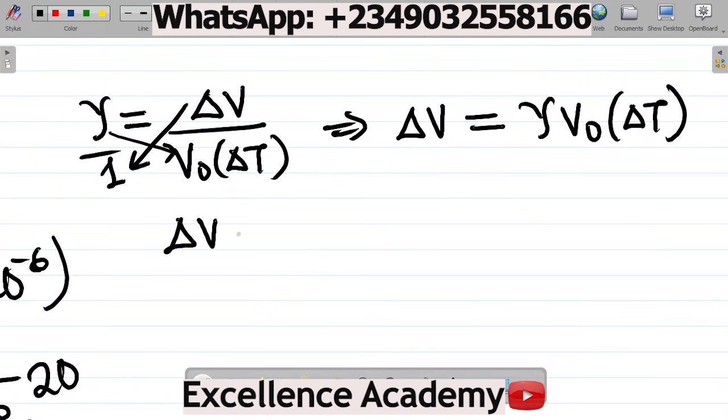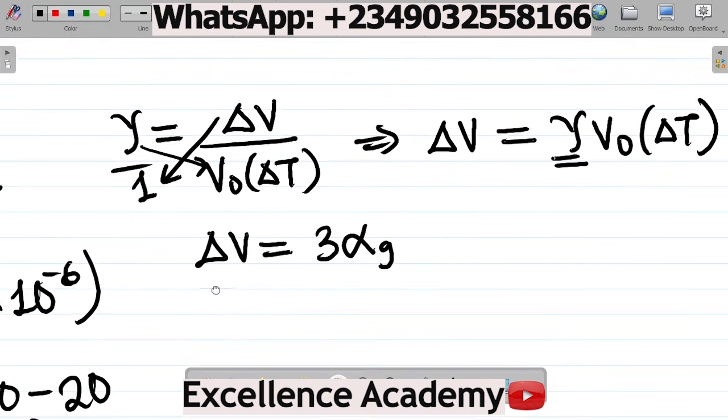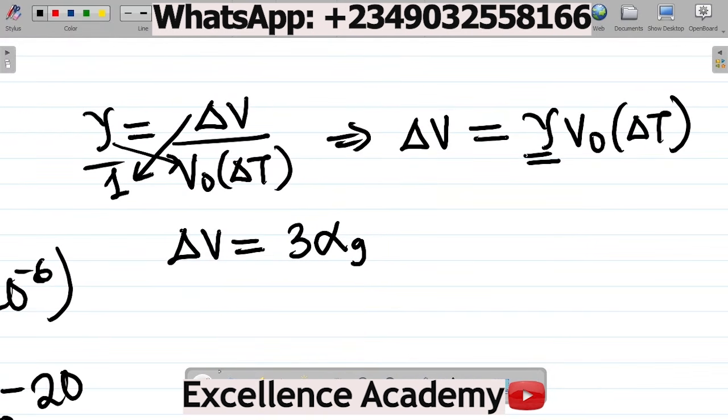Change in volume will be equal to 3 times alpha of glass, as we said earlier, because volume expansivity is 3 times linear expansivity, times V naught, the initial volume, times change in temperature.